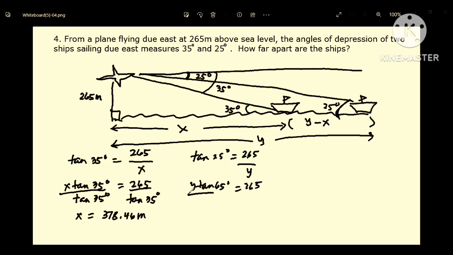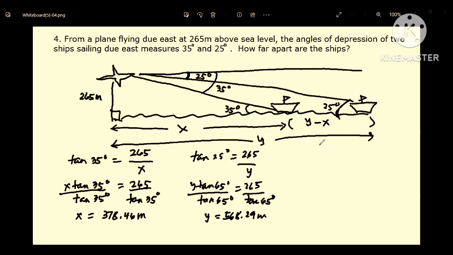And then we divide both sides by tan 65. So again, by using your calculator, y is equal to 568.29 meters.